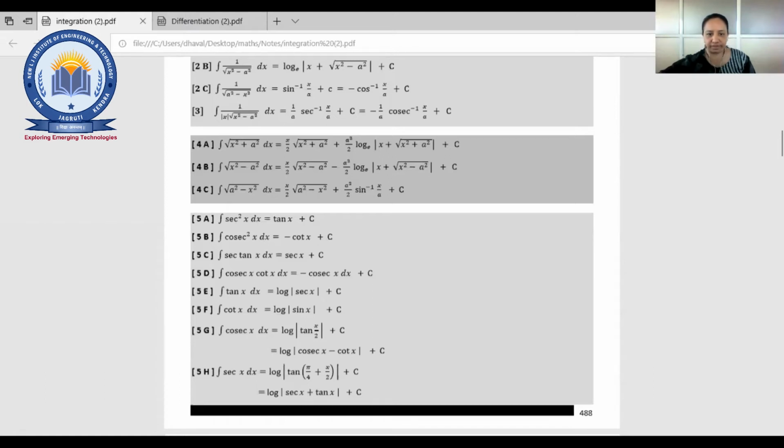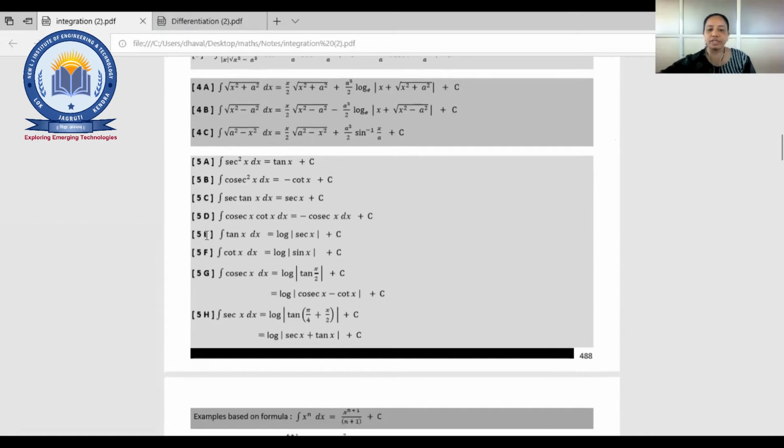Fine. So you just need to derive that. That means you can use sin x upon cos x, then you can go for the rule for division, right? So in that way you can find out the integration of that thing.